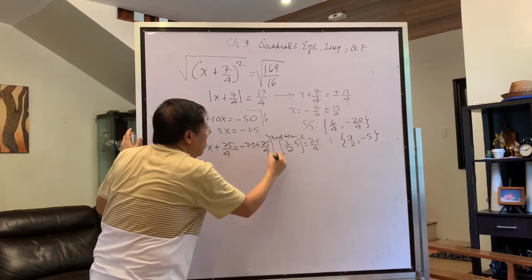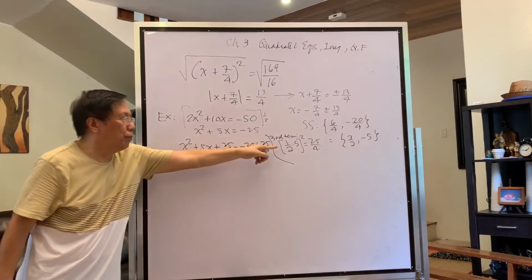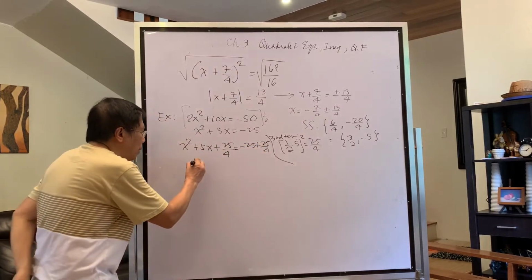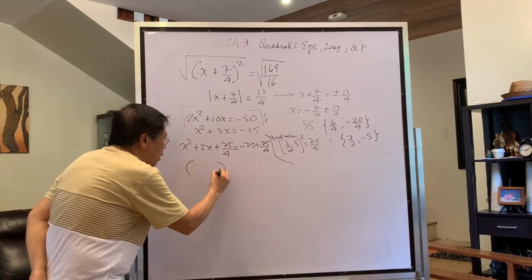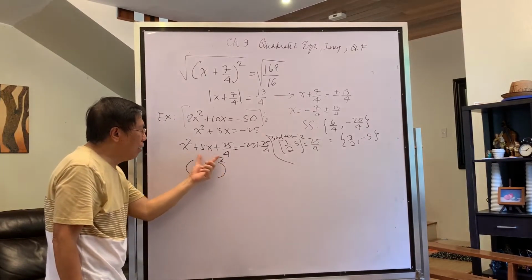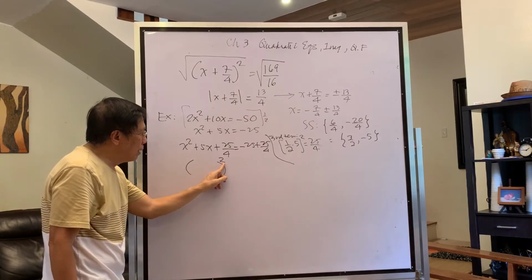We are allowed to do this because of the addition property. And from that formula, we are assured that the left-hand side is now a perfect square trinomial, which I can write as a square of a binomial. This is our goal, to have the left-hand side become a binomial square.